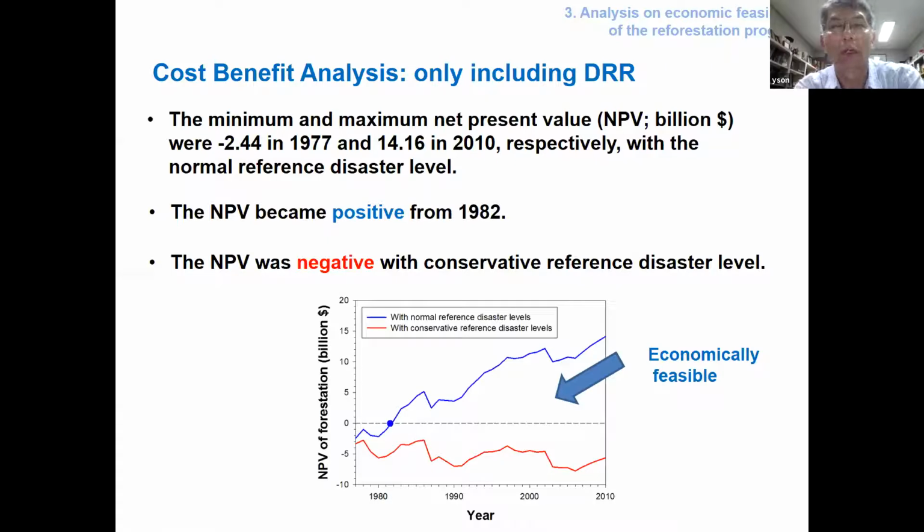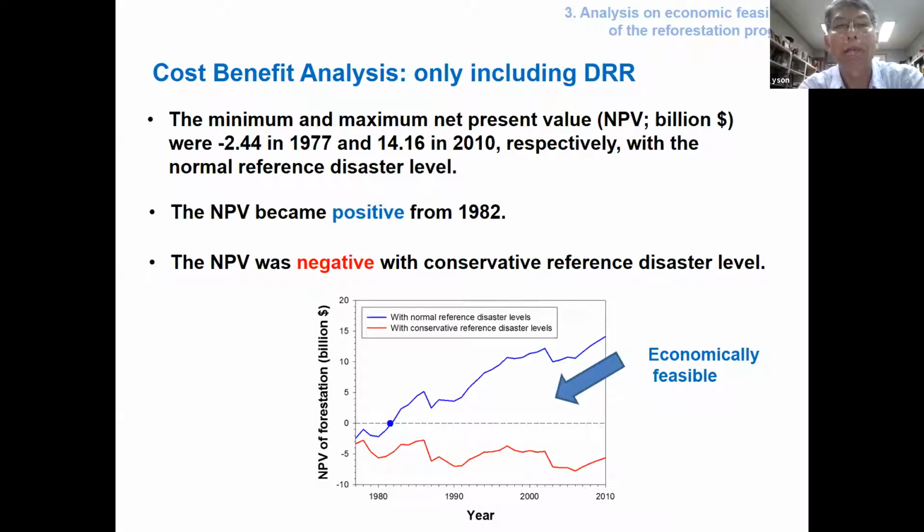First one, BC analysis only including DRR. Second one is including DRR plus 3 other ecosystem services. Okay, so first case is BC analysis using only DRR.